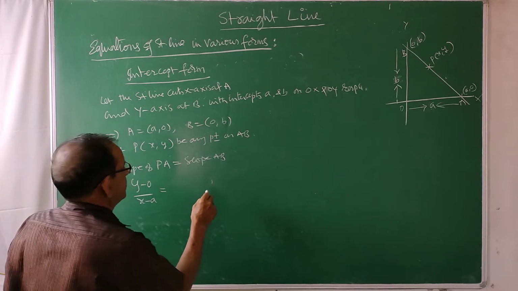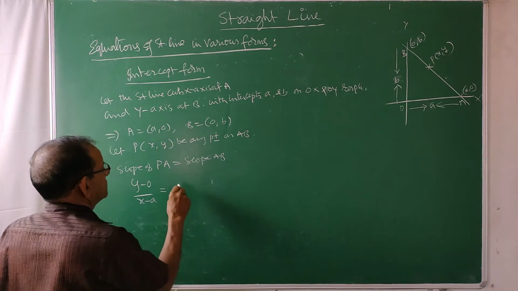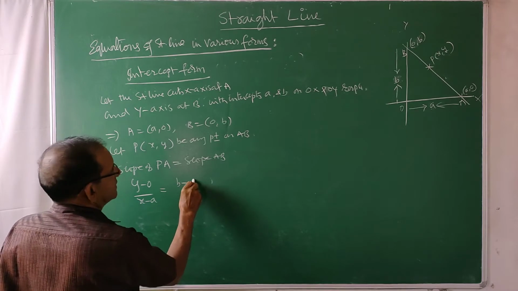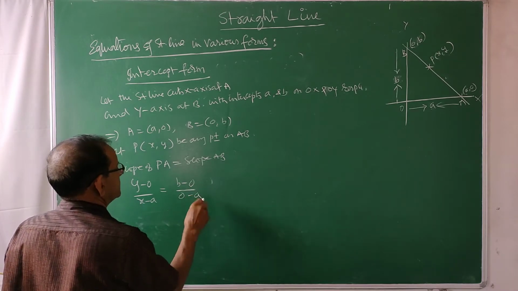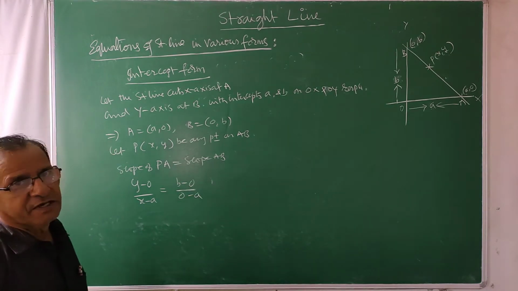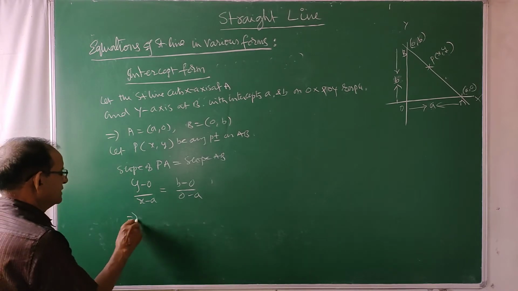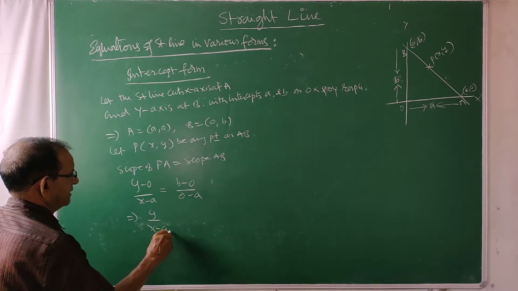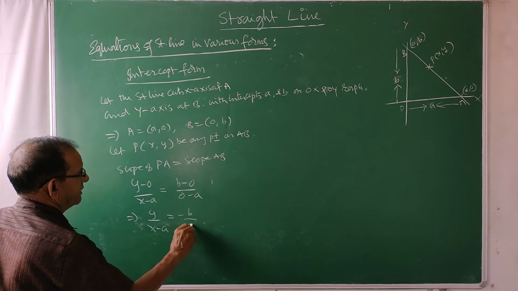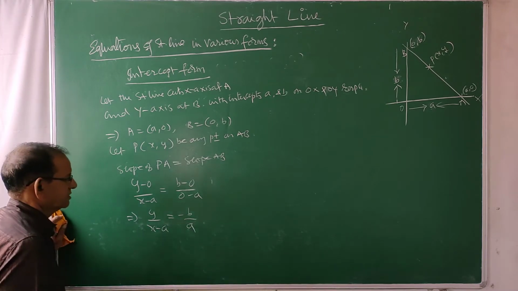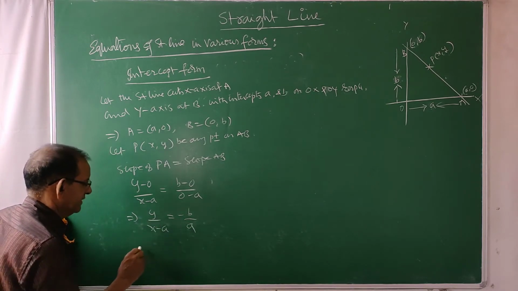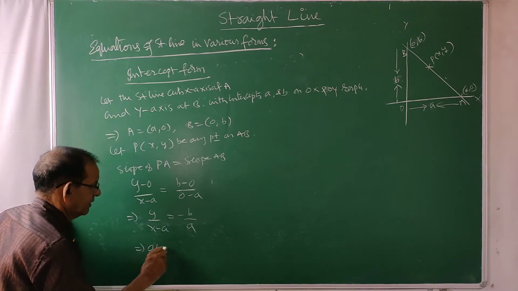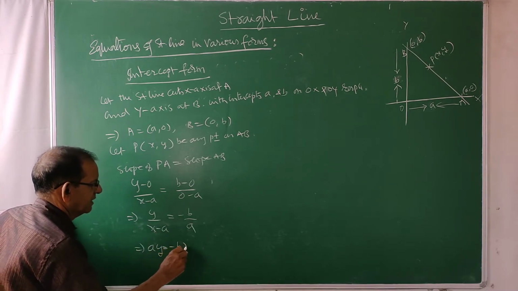Again (y2 minus y1) by (x2 minus x1): (b minus 0) by (0 minus a) for AB. So that implies y by (x minus a) is equal to minus b by a. Let us take cross multiplication. ay is equal to minus bx plus ab.